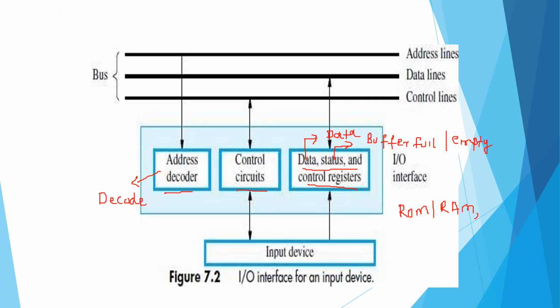which are developed for interfacing IO devices. The first one is program controlled IO. The second mechanism is interrupt IO.